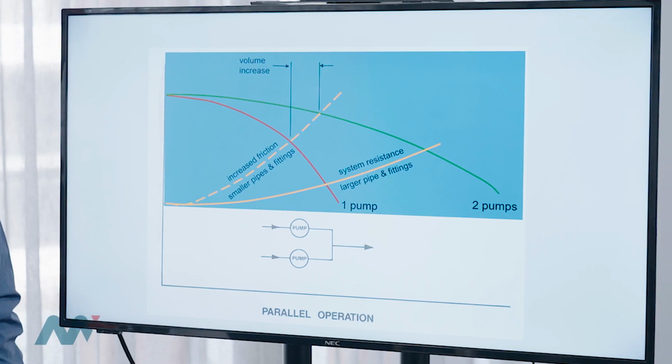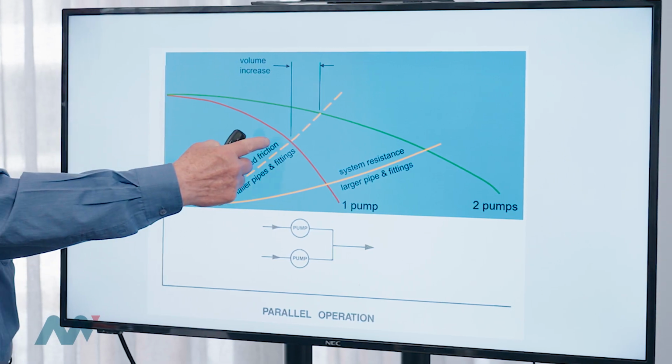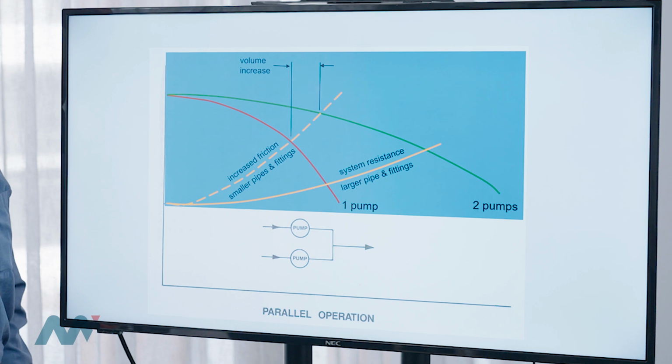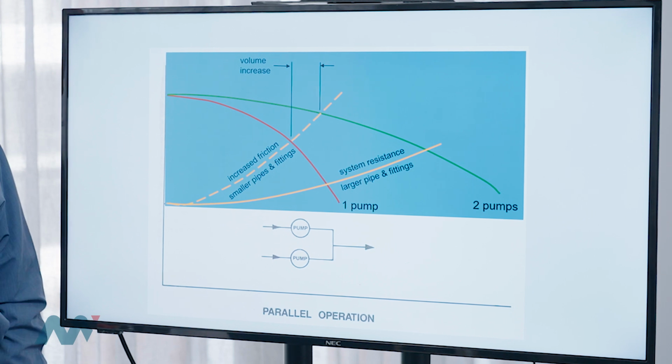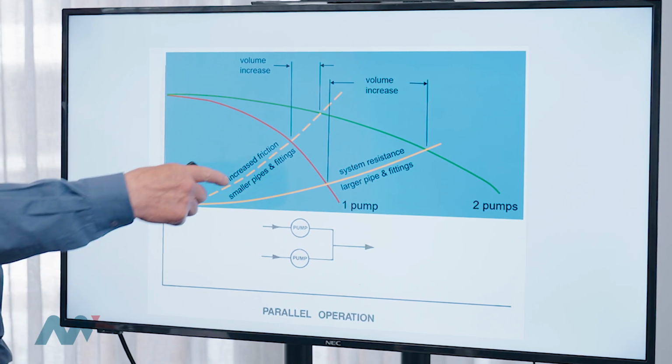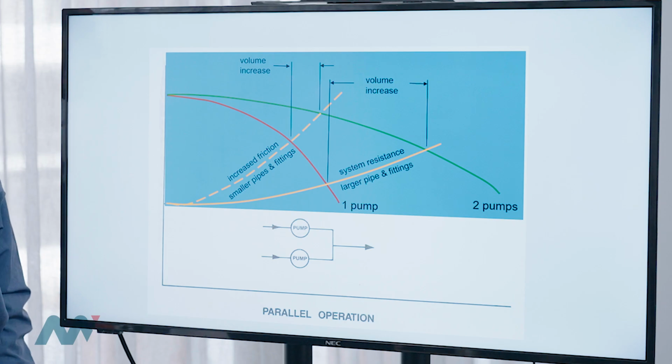So if we look at the situation here, the volume increase for switching on the second pump is relatively small. The volume increase with the lower pipe resistance is relatively large. And these are the things that you have to mix and match to make sure that you get the benefit of the parallel pumping situation.